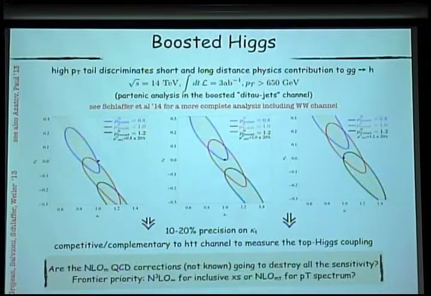And as I was mentioning at the beginning of this talk, if you want to perform with high accuracy this measurement of the boosted cross-section, then you need to know with high accuracy the theoretical prediction for this cross-section. And as I was saying, this is one of the processes which is known only at leading order in the standard model.